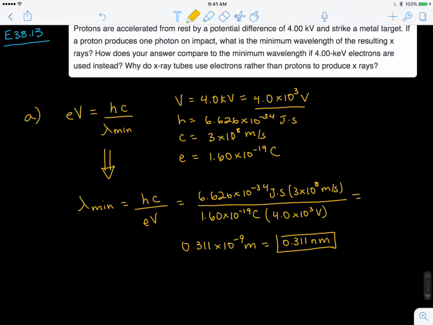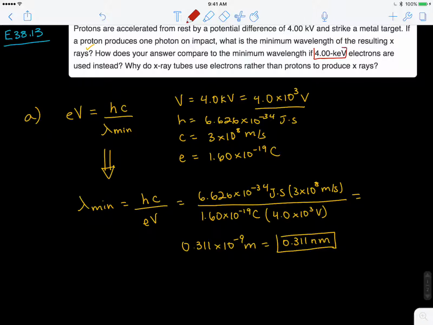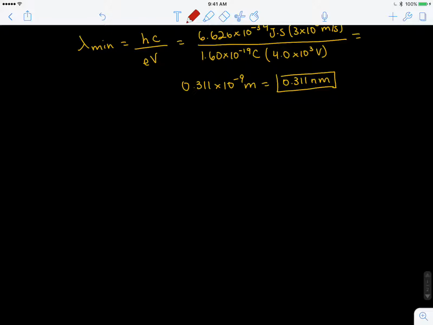Now the second part says, how does your answer compare to the minimum wavelength if 4.0 kilo electron volt electrons are used instead? So for part B, we know that our kinetic energy is 4.0 kilo electron volts.